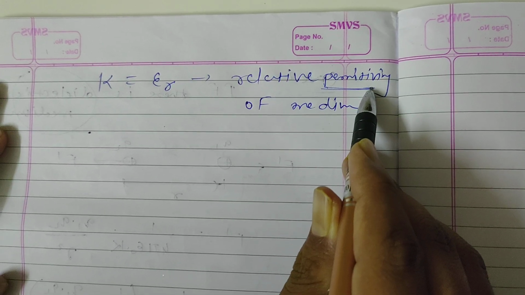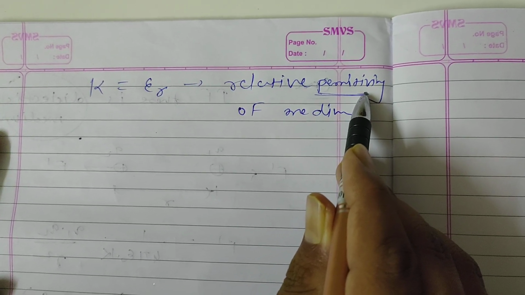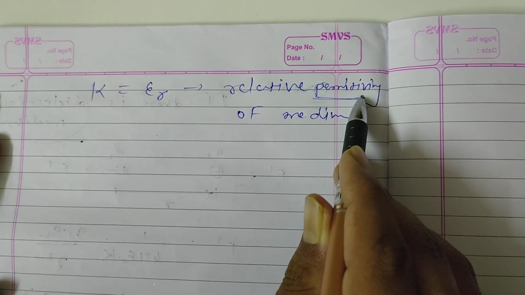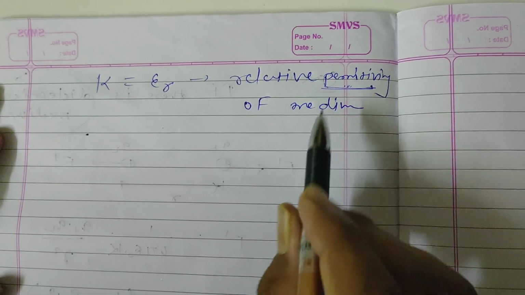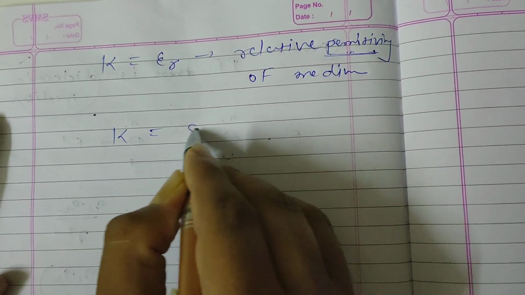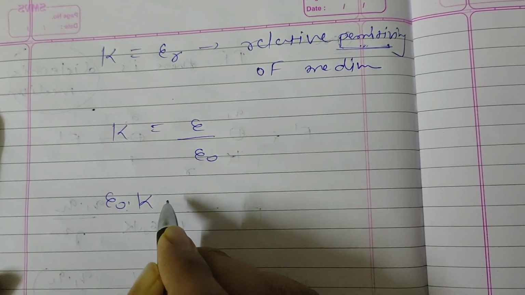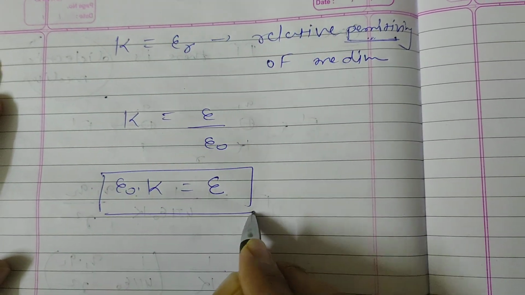If we have magnetic property, then a different term comes in the next chapters, like permeability in magnetism. But for electric medium, there is only permittivity. So K is equal to epsilon by epsilon naught, and if we multiply epsilon naught and K, together they equal epsilon.